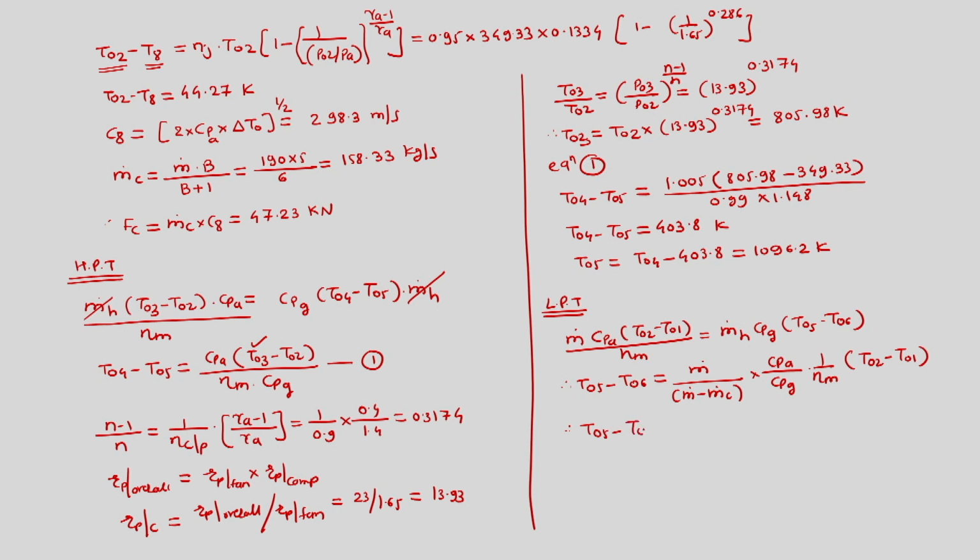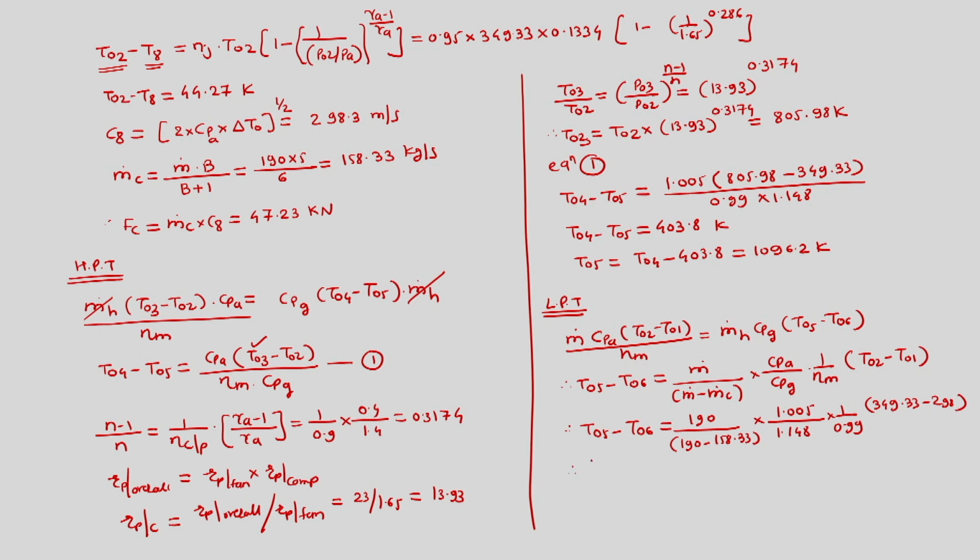So T05 minus T06 is 190 divided by 190 minus 158.33, into Cp of air 1.005, Cp of gas 1.148, mechanical efficiency 0.99, and T02 349.33 minus 298.